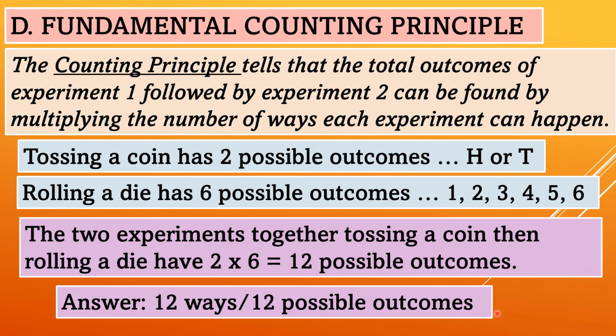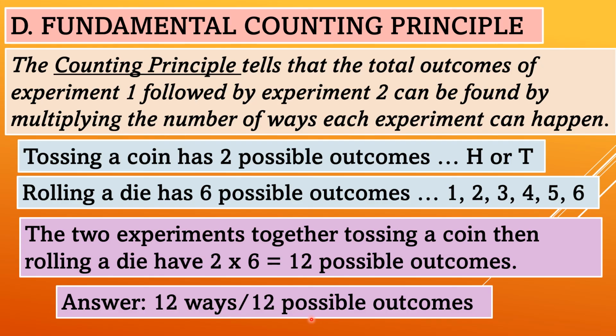So if you have noticed, same pa rin ang ating answer because we are still dealing with the same problem. So yung problem natin na tossing a coin and rolling a die, we found the possible number of outcomes applying the 4 ways using the table, the tree diagram, the fundamental counting principle, and the systematic listing.